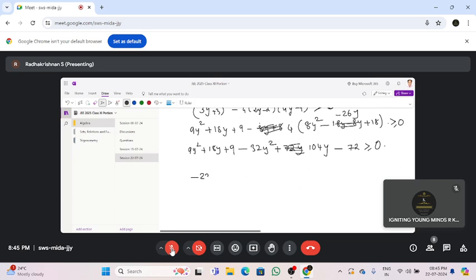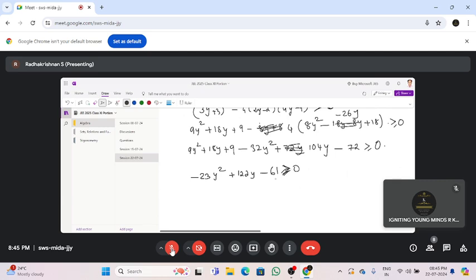So 9y square minus 32y, 18y, and 104, 72 minus 9, greater than or equal to 0.